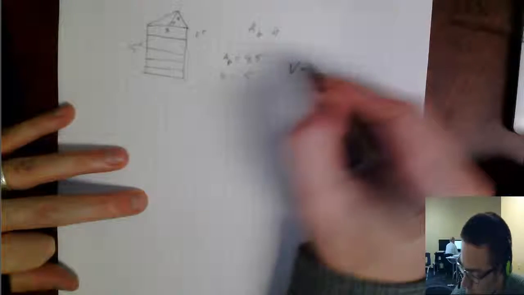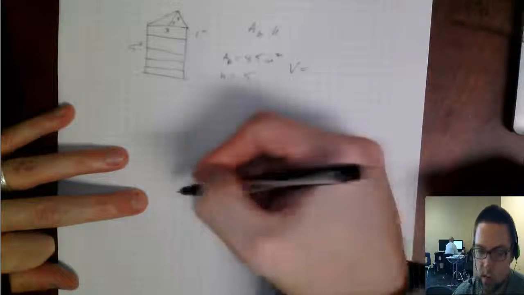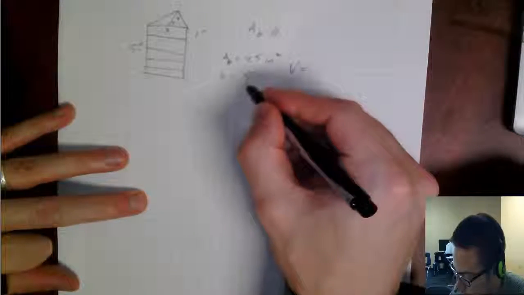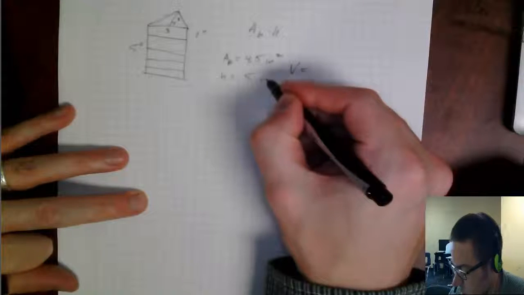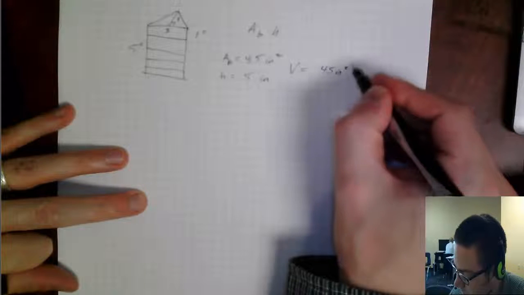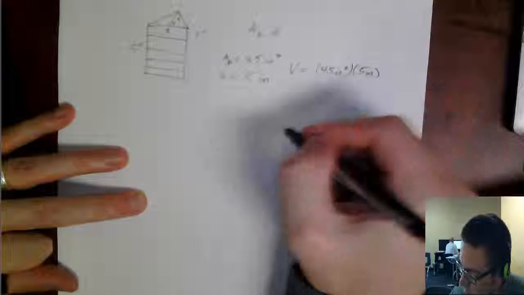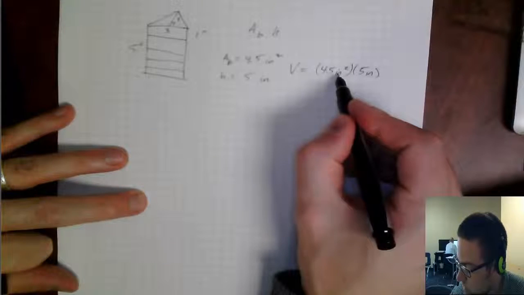So for the volume, remember the area is in square inches, and the height is a length, one-dimensional, in inches. So I multiply 4.5 inches squared times 5 inches, and I get inches squared times inches.